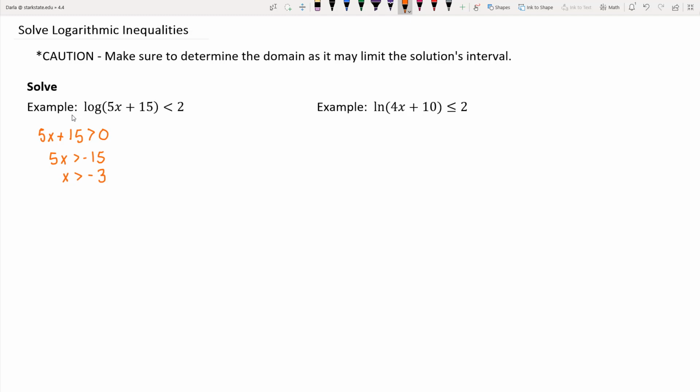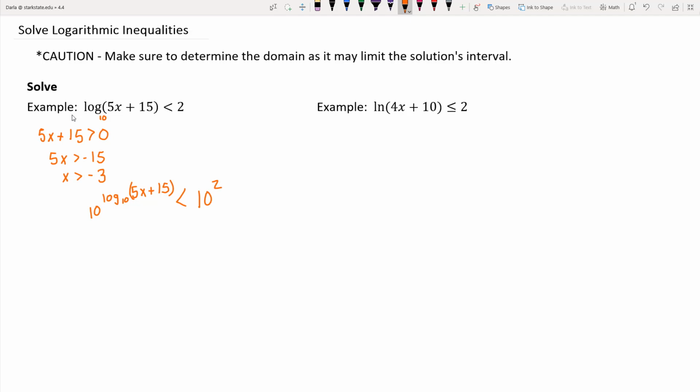So this is log base 10 of 5x plus 15 is less than 2. When we go to solve this logarithm, we need to use the base that we're working with, which is 10, and raise it to that log base 10 of 5x plus 15. And then what you do to one side, do to the other. So we took 10 and we're going to raise it to the power of 2.